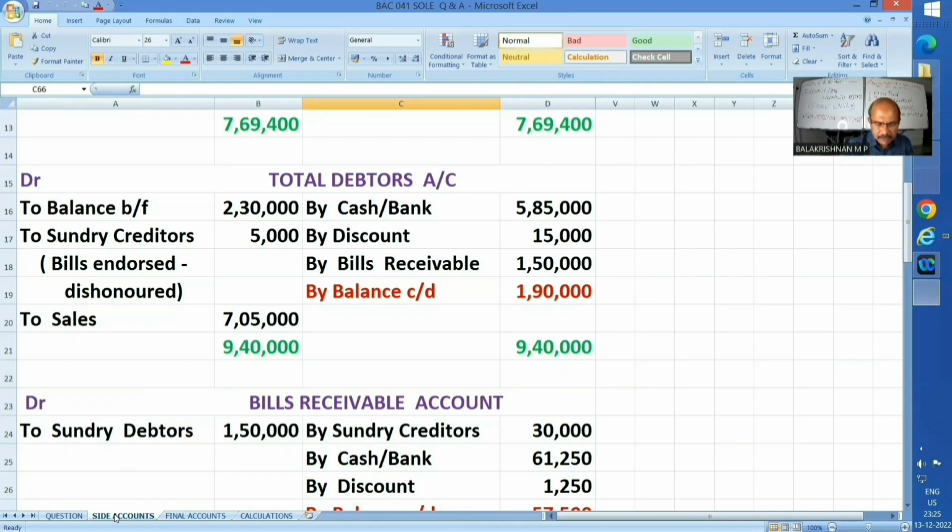Debit what comes, credit the giver. Those of you who have done the bill of exchange, I'm sure you are very clear about it. So bill receivable to debtors 1,50,000, or debtors by bill receivable. So these three entries I explained to you as far as this is concerned.